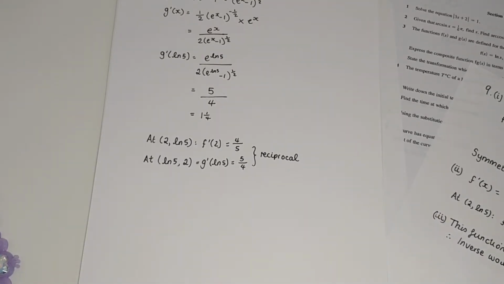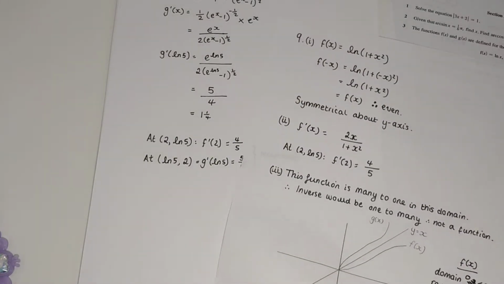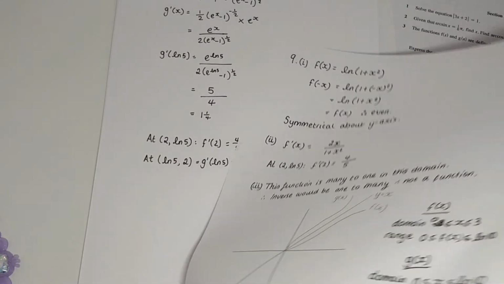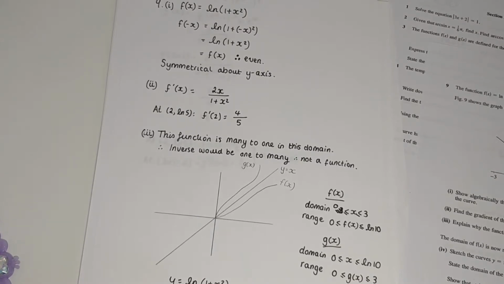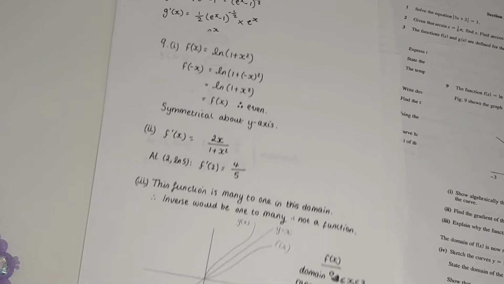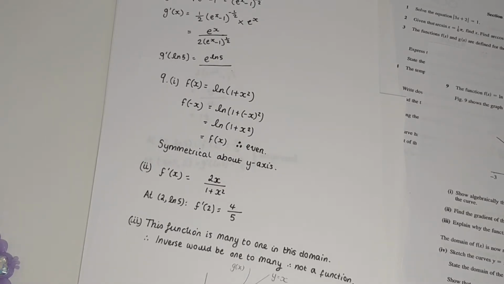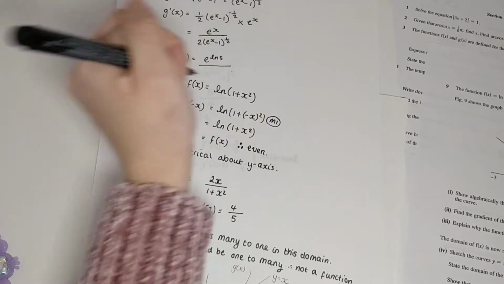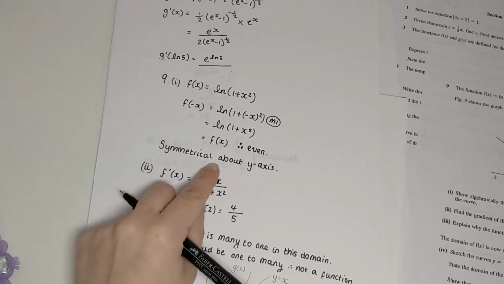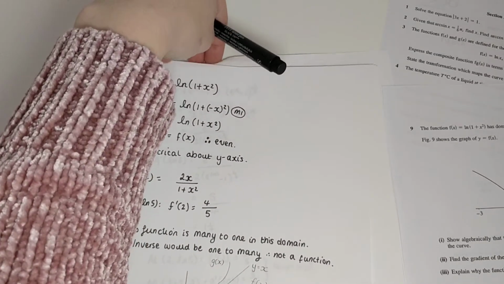Is that it? Yeah, that's it. Okay, let's mark that question. Let's find the answers. M1 for putting minus x in. Sorry, that looks confusing, doesn't it? There we go.